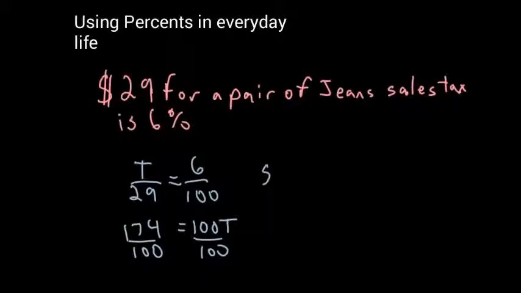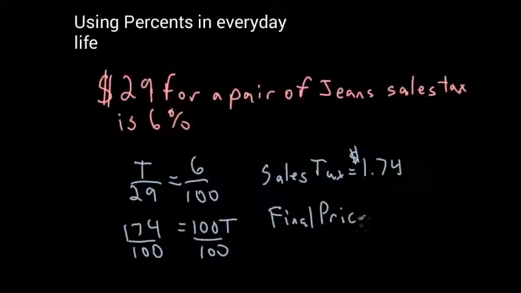So our sales tax equals $1.74. Now if I want to take this one step further and figure out how much is the final price, all I do for final price is take my cost of the jeans, $29, and add my sales tax.